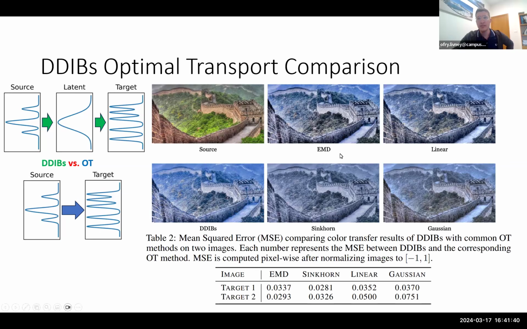So methods like Earth Mover's Distance or Sinkhorn that actually do this optimal transport mapping. And what you see right here is that both visually and quantitatively, we have similarities between the DDIB method and the optimal transport methods. So in terms of optimal transport, we can say that DDIBs gives us what we want.